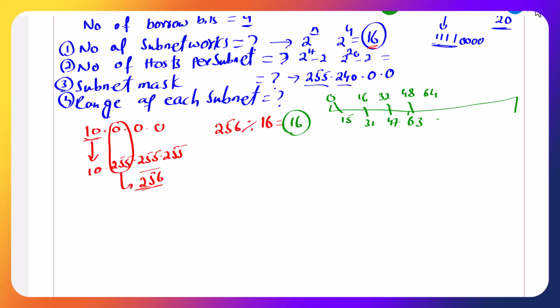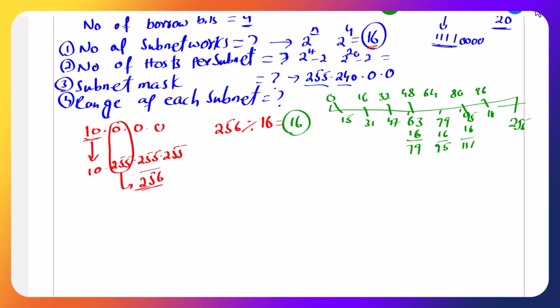What will be the next point? Simple, 16 plus this: 64 plus 16 is 80, so the range ends at 79. Next is 80. What will be next? Plus 16, so 96, and the range ends at 95. Next will be 96. What is next? Plus 16, 112, ending at 111, and so on up to 255.